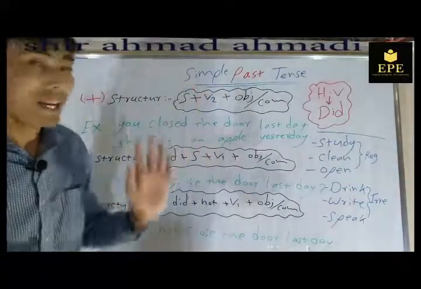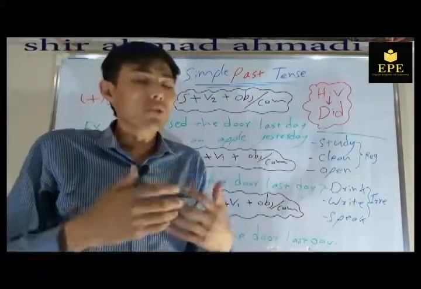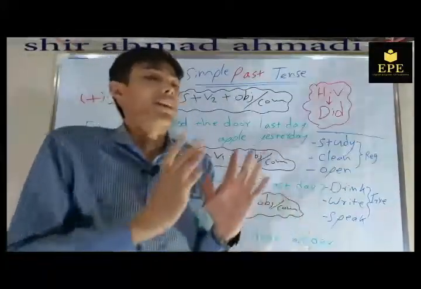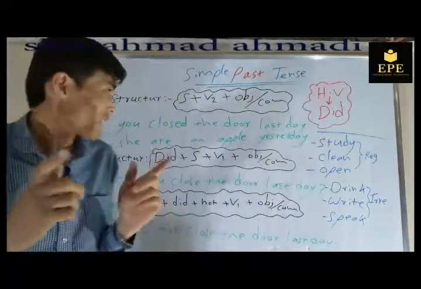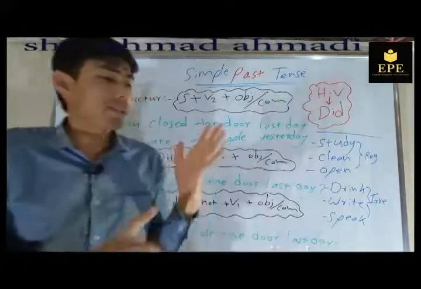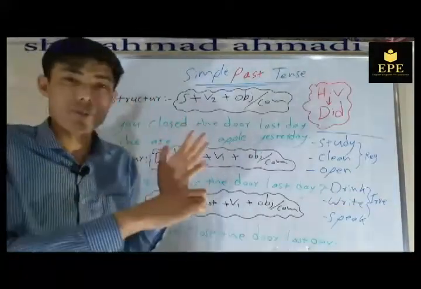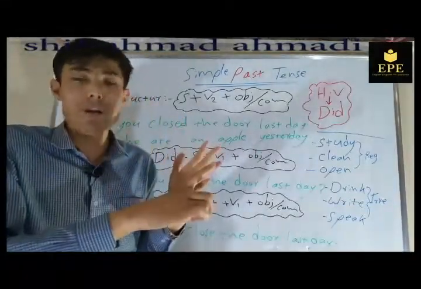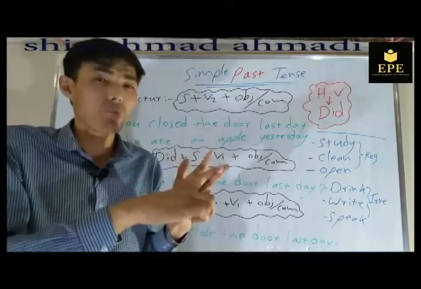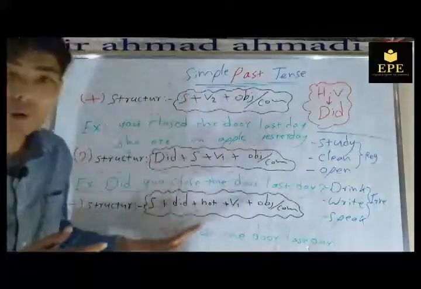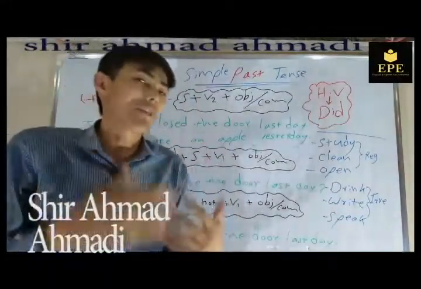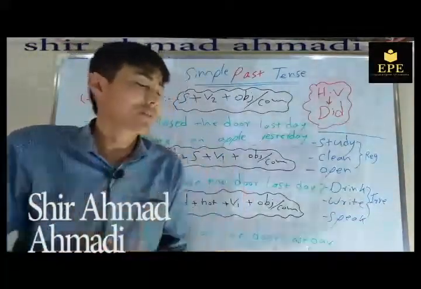So, simple past tense. If you want to talk about past activities or past actions, we use simple past tense. It also has three structures: positive, negative, and question forms or interrogative. Let's explain one by one and give examples and details.